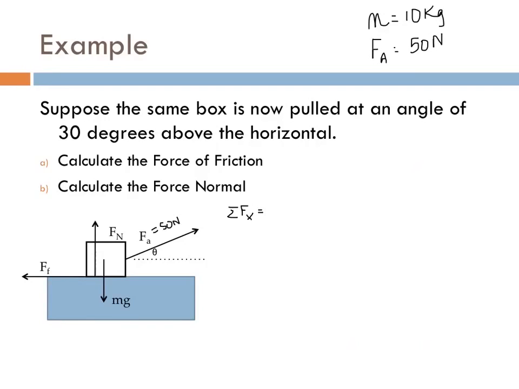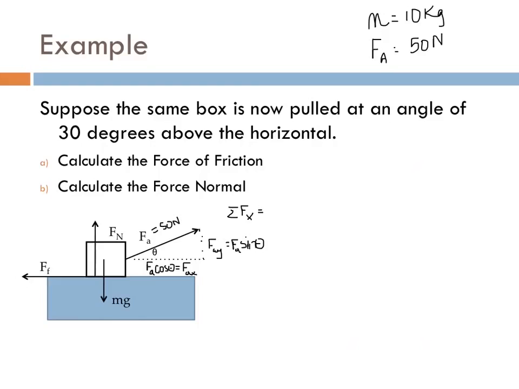I want to look at my forces in the x direction. Well, here, if I have a force that's at an angle, then I want to write this as my force applied times the cosine of theta. And this is my force applied in the x direction. Now I want to do the same thing for my force in the y direction. So that's my force applied in the y direction is equal to my force applied times the sine of theta.